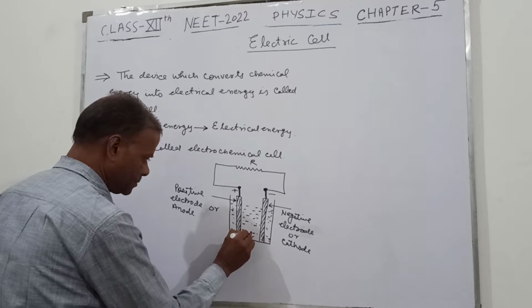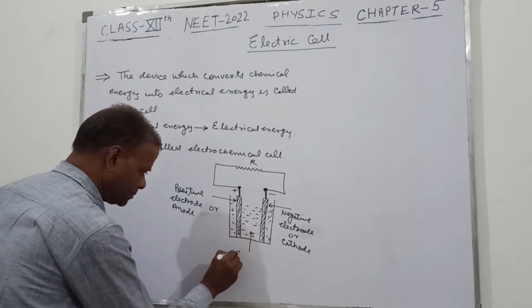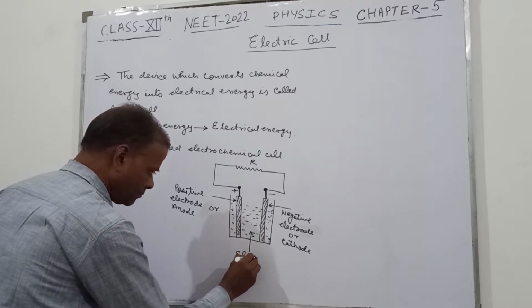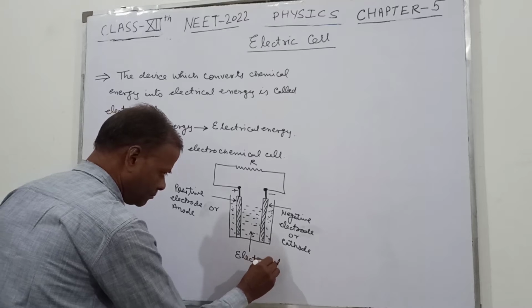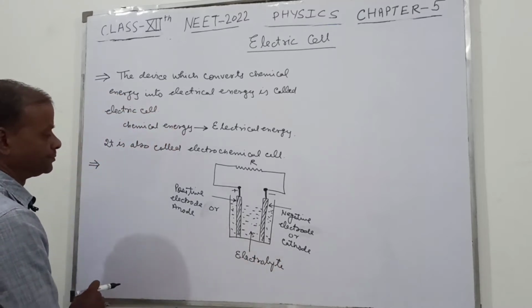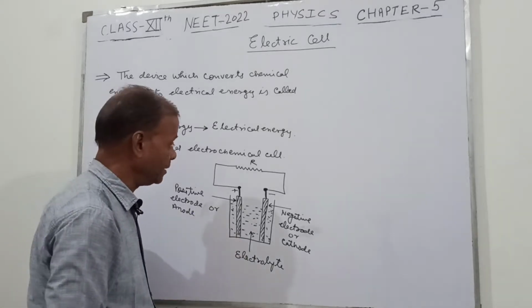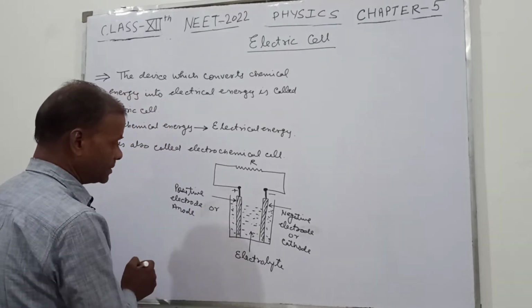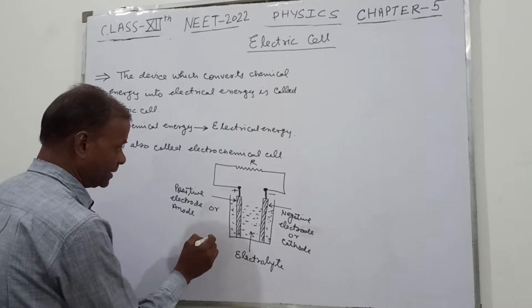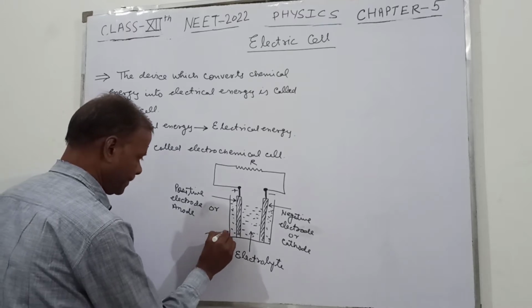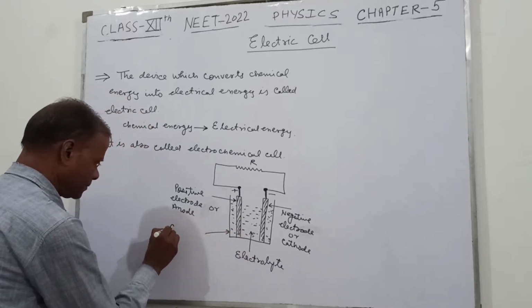This is the electrolyte. This cathode and anode are made of some metal. This is an electrical circuit and this is the container.